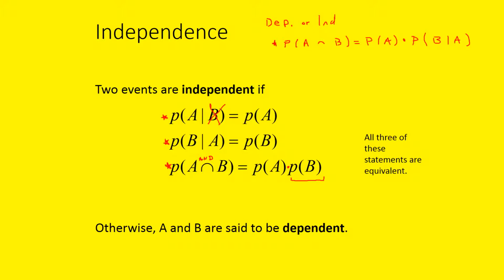Now, if you have to get probability A and B and the events are dependent, then there's no choice in the matter. You have to use this formula. But if they are independent, then you've got this one available to you, which actually is just a special case of the general.